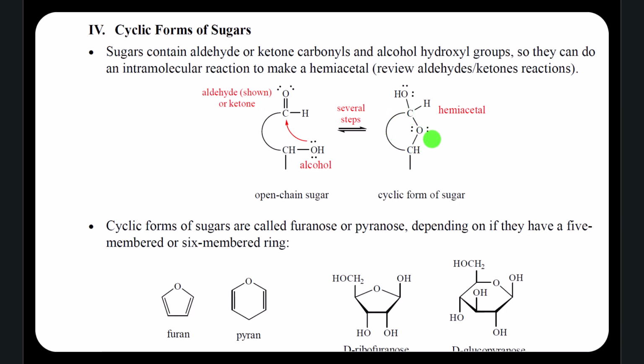The ring itself, if we look at the aldehyde carbon, no longer has an aldehyde. It now has a hydroxyl group and an oxygen connected to carbon, an OR group, attached to it. And we call this a hemiacetal, which is basically halfway to a full acetal.